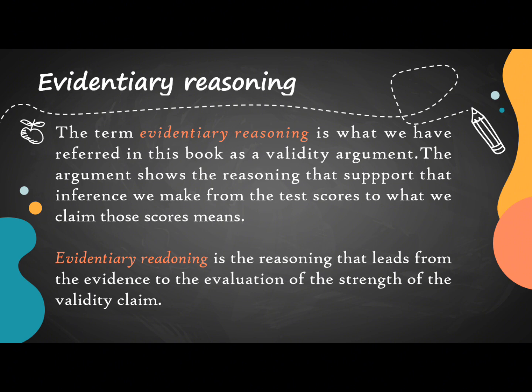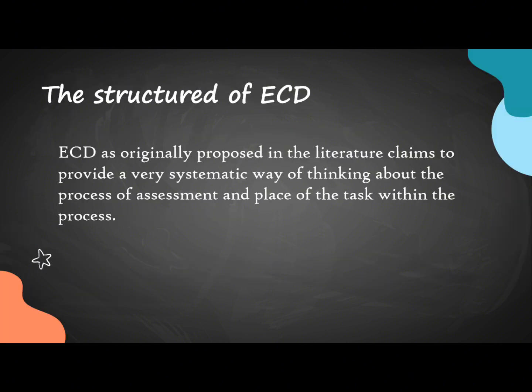Evidentiary reasoning is also the reasoning that leads from the evidence to the evaluation of the strength of the validity claim. As originally proposed in the literature, ECD claims to provide a very systematic way of thinking about the process of assessment and the place of the task within the process.